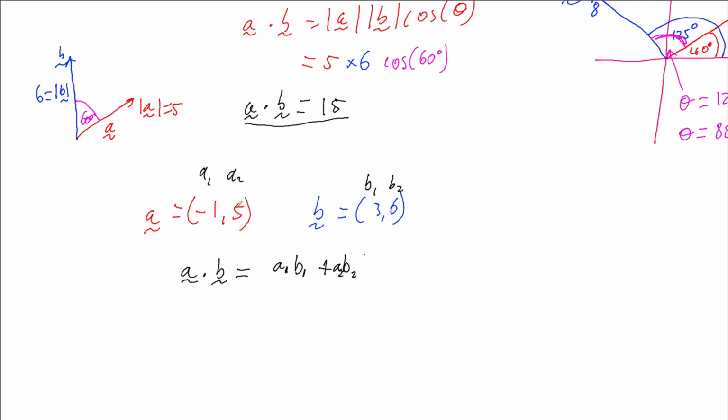A1 is the x part, A2 is the y part. B1 is the x part, B2 is the y part. Now I've just got to put these four numbers into this rule.